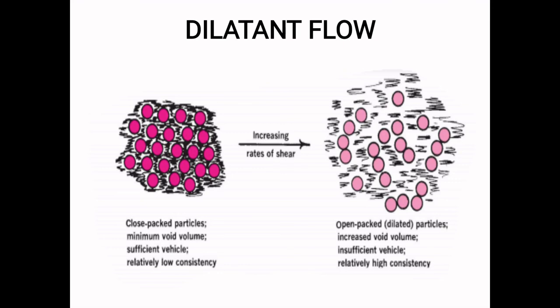Now dilatant flow. Close packed particles, minimum void volume, sufficient vehicle, relatively low consistency. Increasing rate of shear, open packed dilated particles, increased void volume, insufficient vehicle, relatively high consistency. Here you can say that dilatant flow is also known as a shear thickening system.